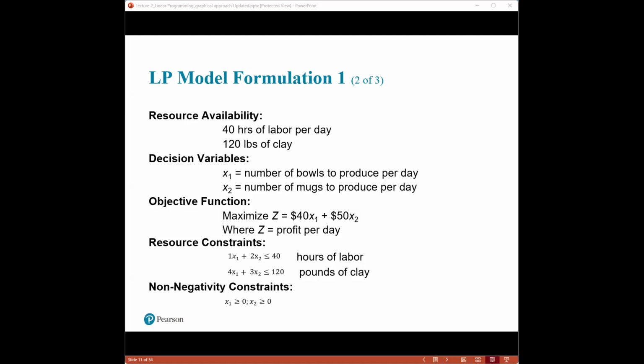Quick, with your calculators. $1,360. So this is the profit we'll make.